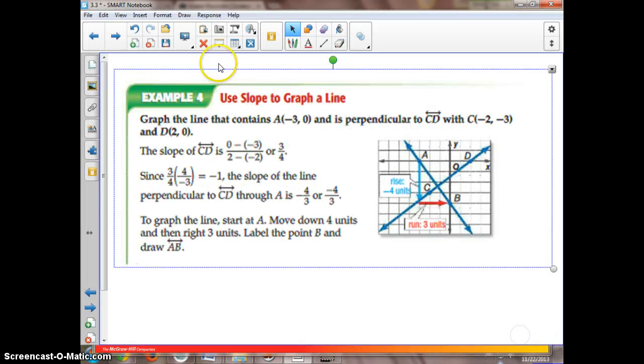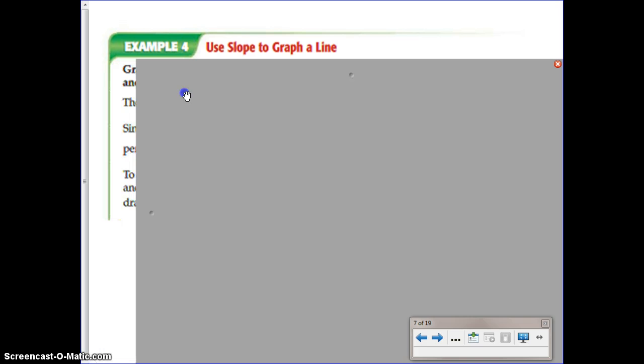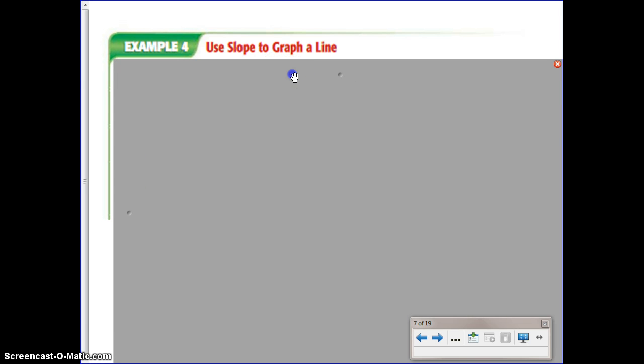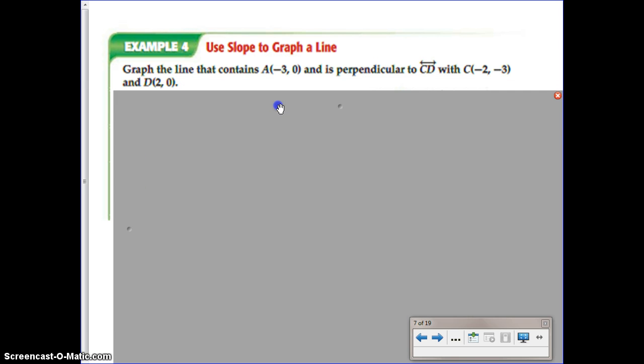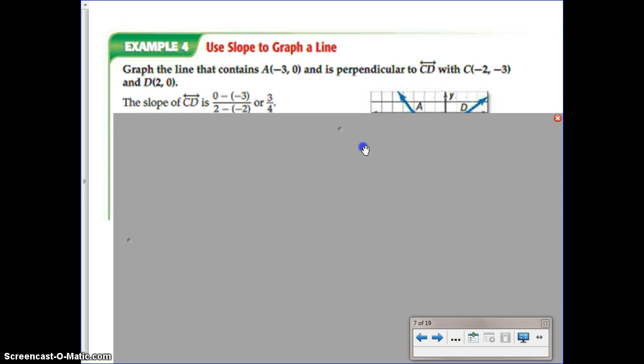Last example is example 4, but remember we skipped example 2, so you could call this example 3. They ask us to graph the line that contains this point and is perpendicular to CD. So I would say let's first find the slope of our CD.